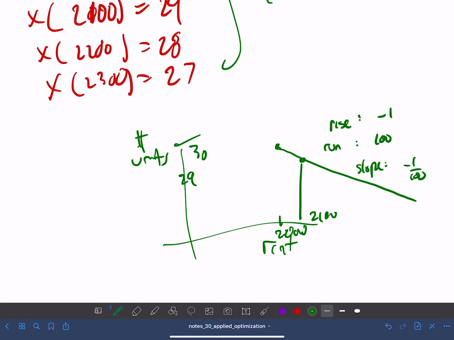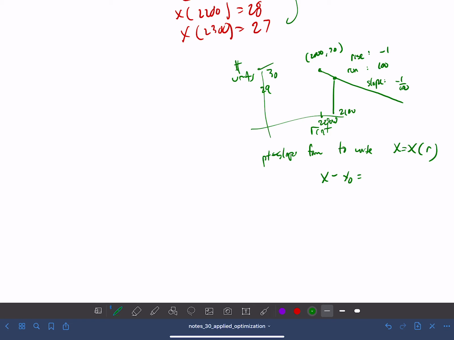So let's use point slope form to write x equals x of r. X minus x naught equals m times r minus r naught. Now you might rebel a bit at the naming of the number of units being x, because now we're thinking about x as being an output here, and r is the input.